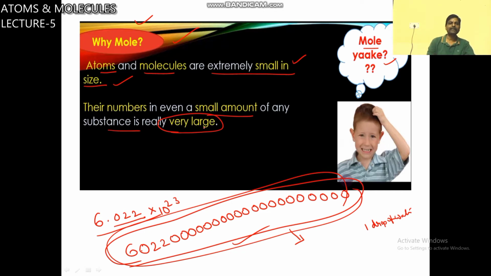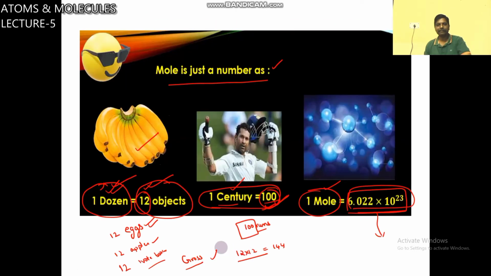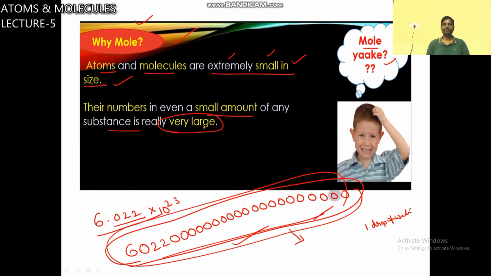So because atoms and molecules are extremely small, we use a big number. If the item is big, you use a dozen apples. If the item is too big, you use a smaller number. Your particle, atom or molecule, is small, that's why you take a big number.